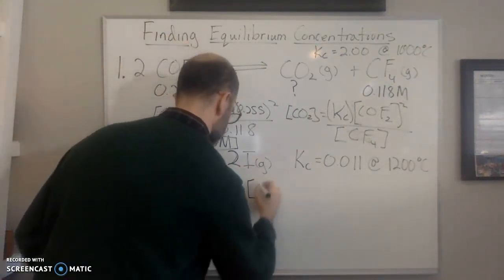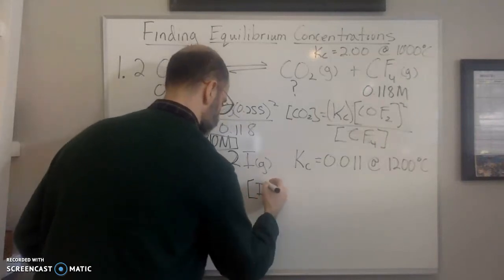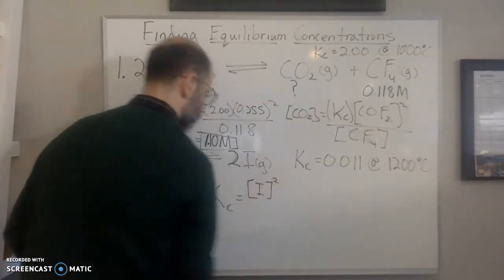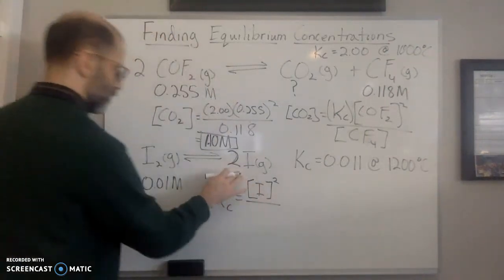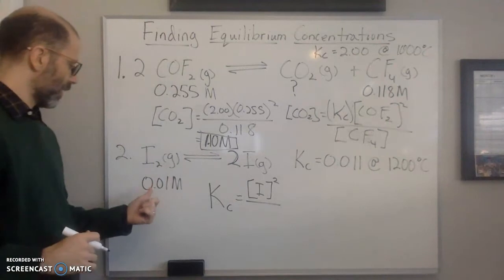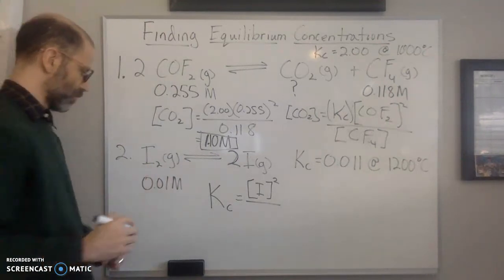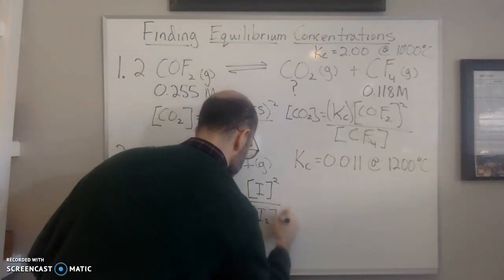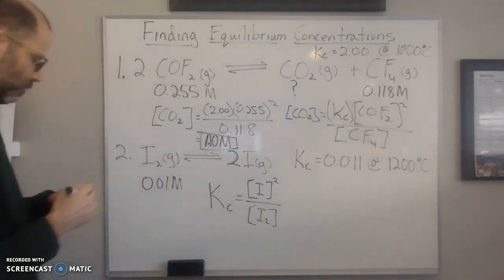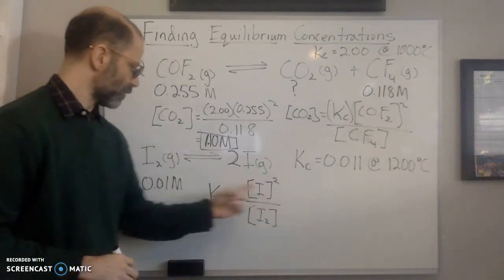So it's going to be the concentration of iodine atoms squared because of the coefficient 2, and then over I2, so the concentration of I2, iodine, to the first power. And so here's my expression.